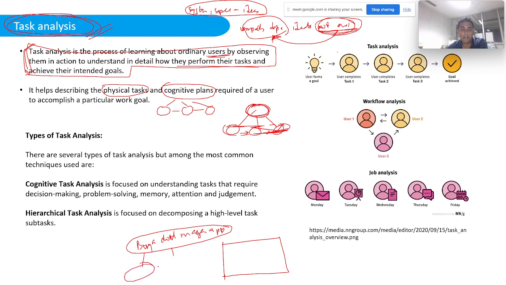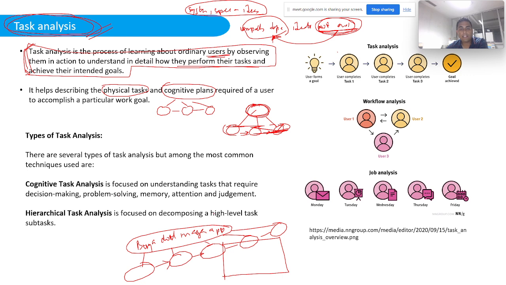For example, he will use a smartphone, then he will open a particular web browser or particular app. In this case, it will be the Amazon app, and then he will go to the search bar and type this particular cloth type, and then he will proceed to buy, and then he will do the payment at the end, and that will end the particular task.